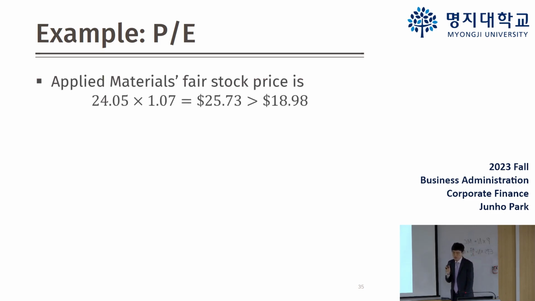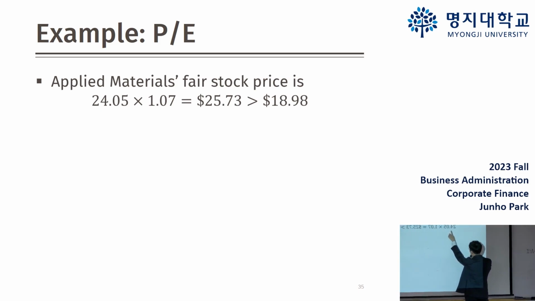So first, we can calculate the Applied Materials fair stock price, or a predicted stock price, by multiplying the benchmark ratio, the PE ratio from the other companies, 24, and the Applied Materials EPS.